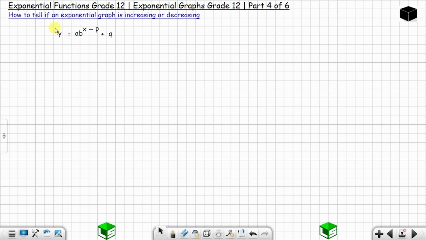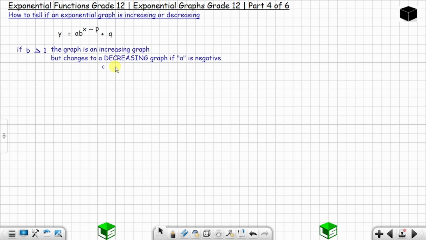From the letter B, if B is greater than 1, then the graph is an increasing graph, but this is not final. It can change to a decreasing graph if A is negative. This is going to make sense as we move along.